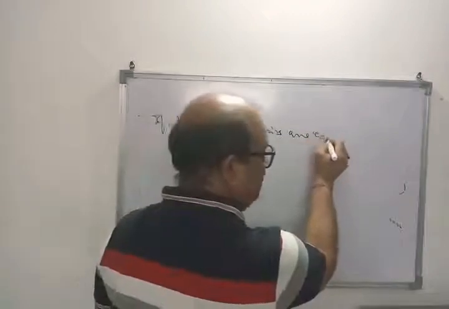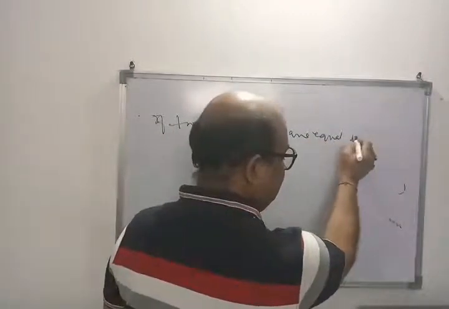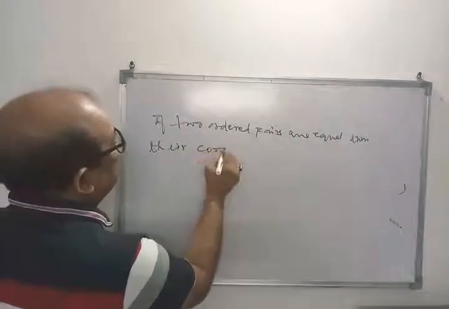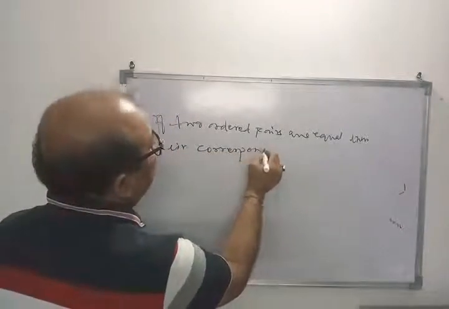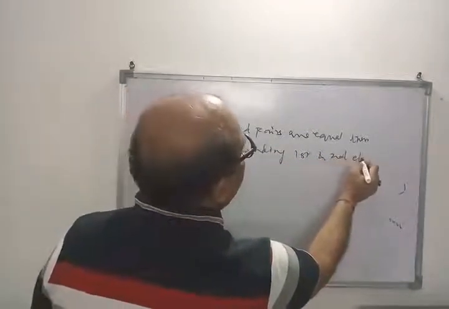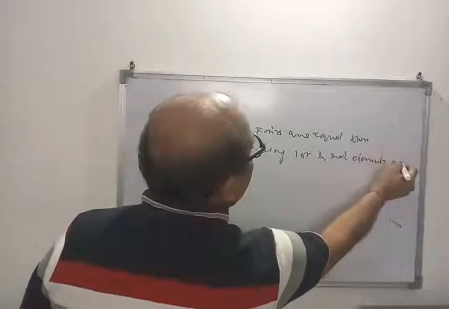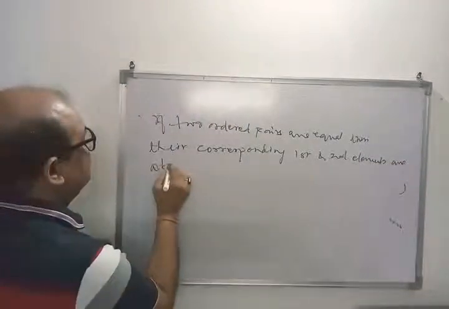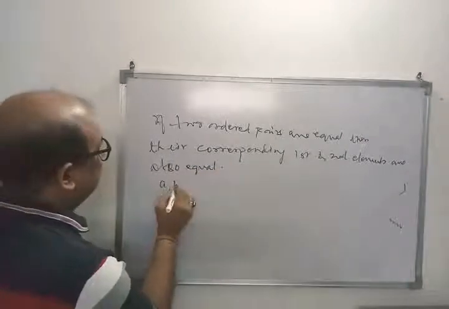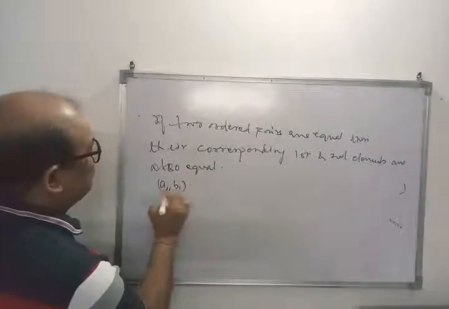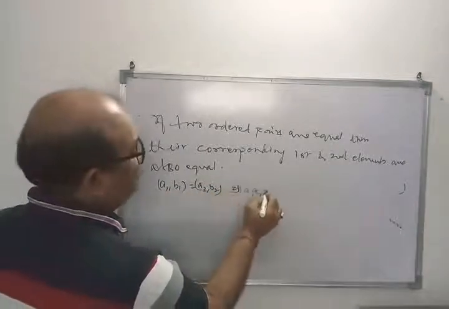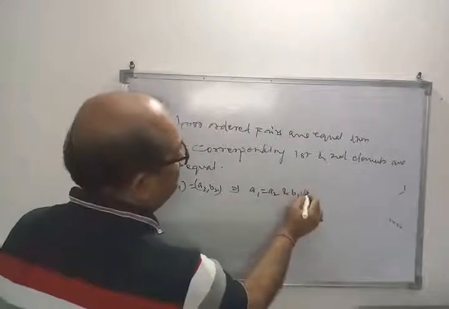For example, if (A1, B1) equals (A2, B2), this implies that A1 equals A2 and B1 equals B2.